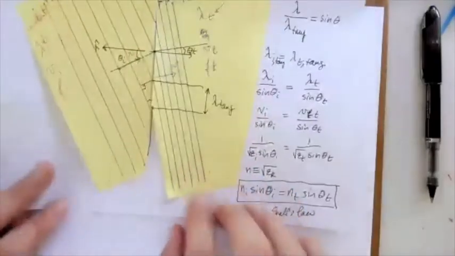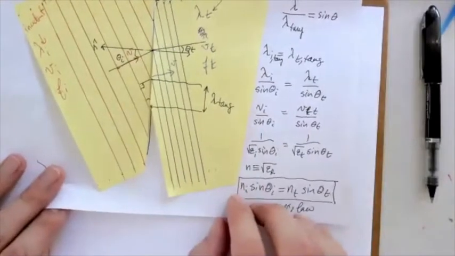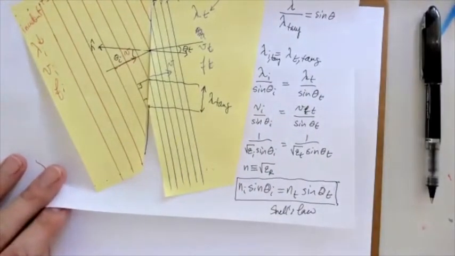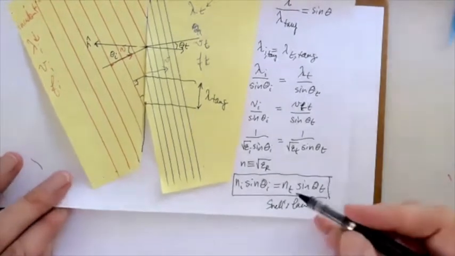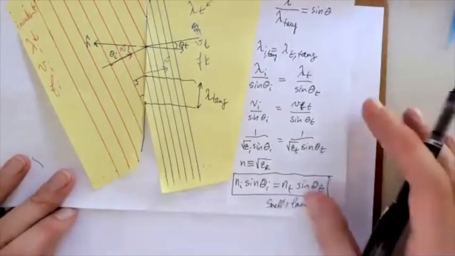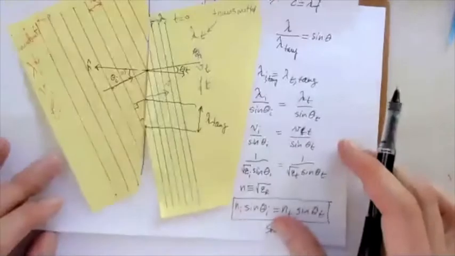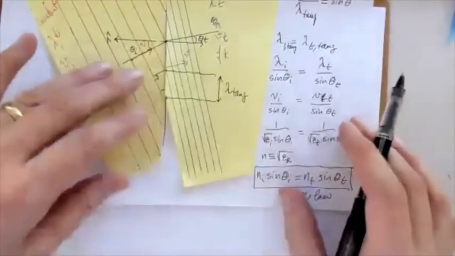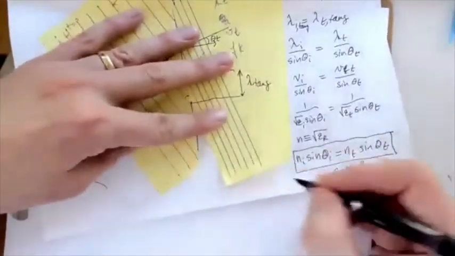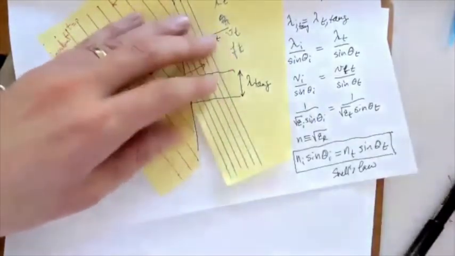So this n is unitless, because epsilon r only changes the magnitude, but it does not itself carry units. So n here is the index of refraction.